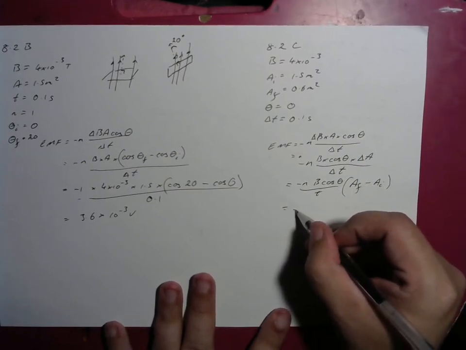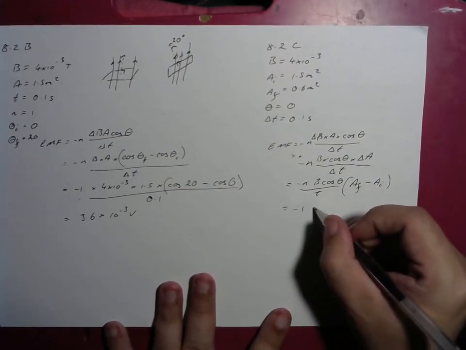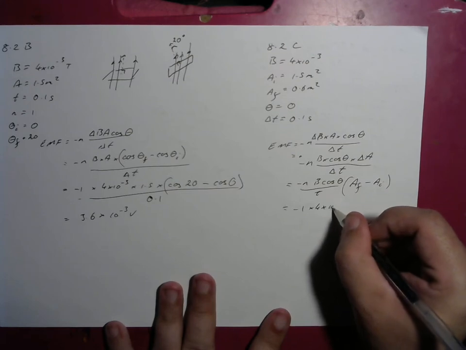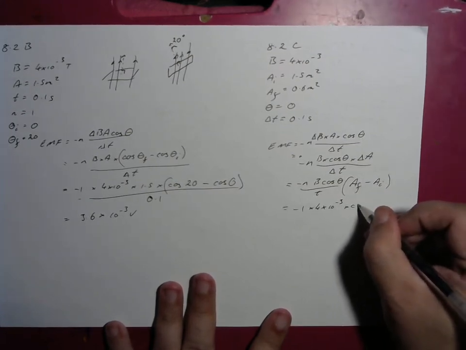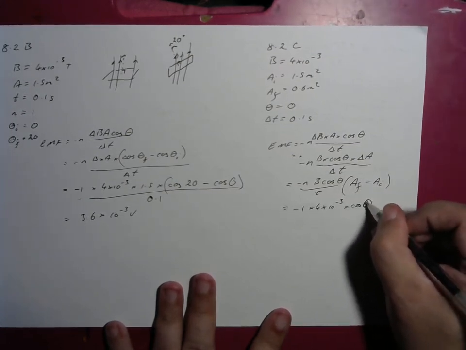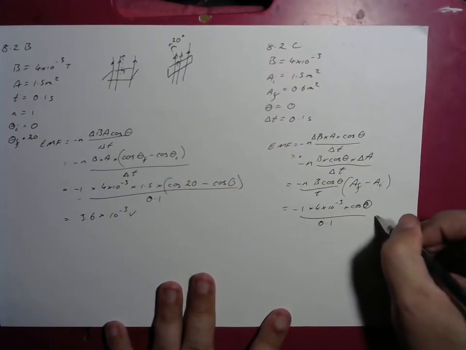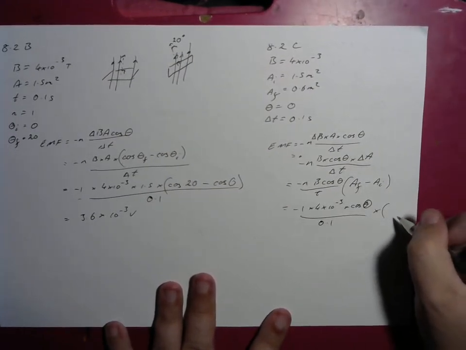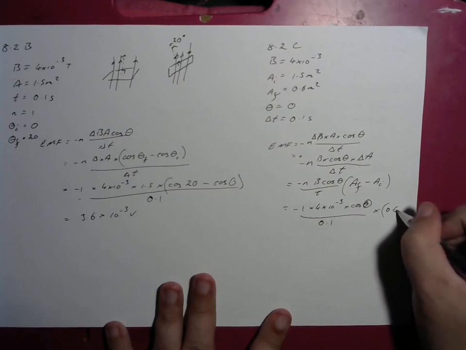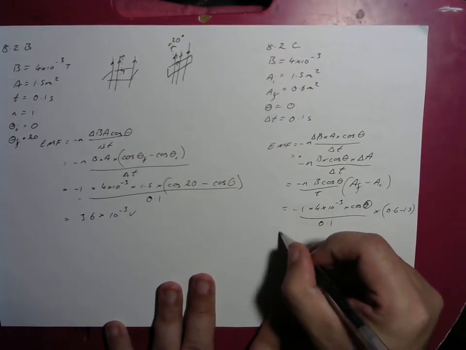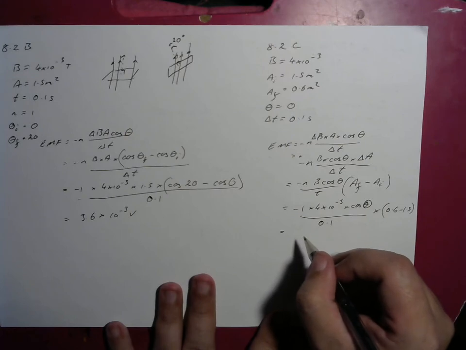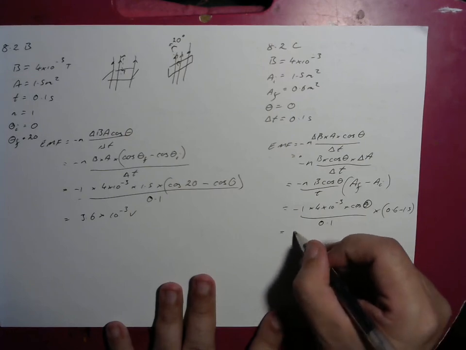Let's make our substitutions. One loop, so 1 times 4 times 10 to the -3 times the cosine of 0, all over 0.1, multiplied by the change in A, which is 0.6, take 1.5, and we end up with a final number of 36 volts.